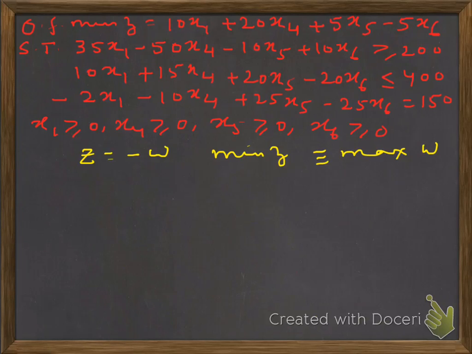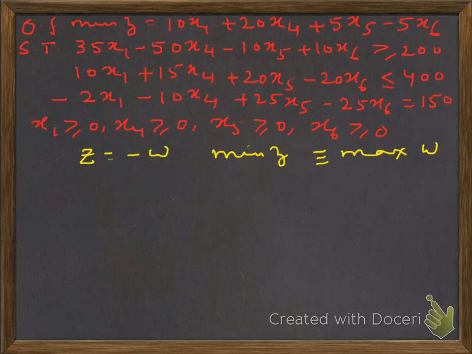Another thing which we will be doing is that all the constraints which we are having here, that is greater than equal to, less than equal to, we will convert them to equal to. Our target is to prepare an initial basic feasible solution table in this video, and if you recall the earlier video on a similar topic, you know that the constraints are to be made equal to by adding a slack variable or by subtracting a surplus variable or by some other way.